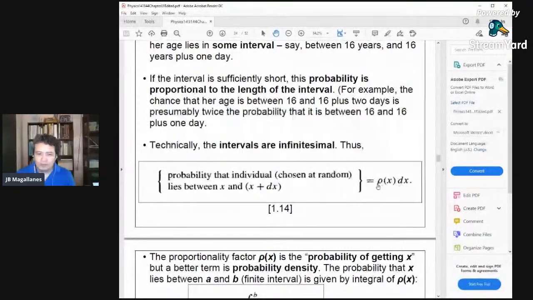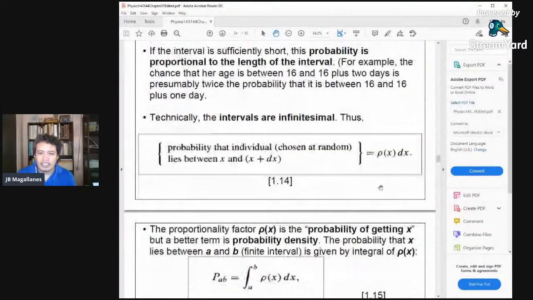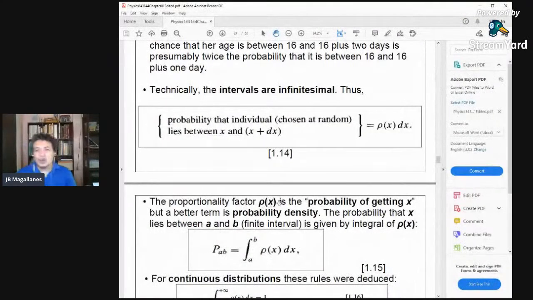This rho is the proportionality factor, which is called the probability density. Rho of x is the probability density. And this is the probability of getting x.